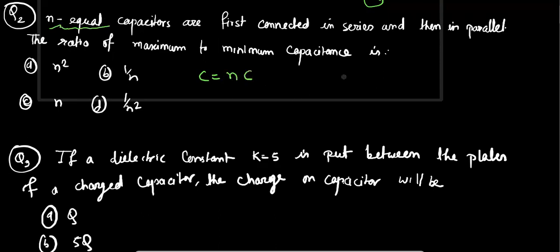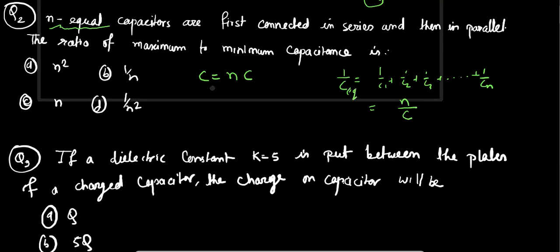And for series combination, 1 by C equals 1 by C1 plus 1 by C2 plus 1 by C3 plus dot dot dot plus 1 by Cn, up to n. That means we are going to add n number of 1s, which will make n.